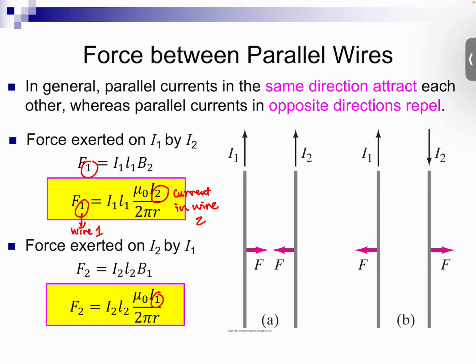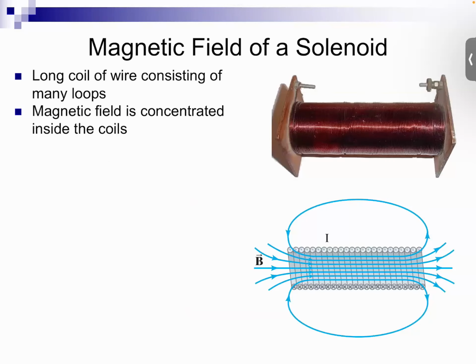Right, we can also take a wire. If you have a long wire, you can take that wire and coil it into many loops, so that you have tightly coiled loops as shown in this figure here, in which case we now form what we call a solenoid.